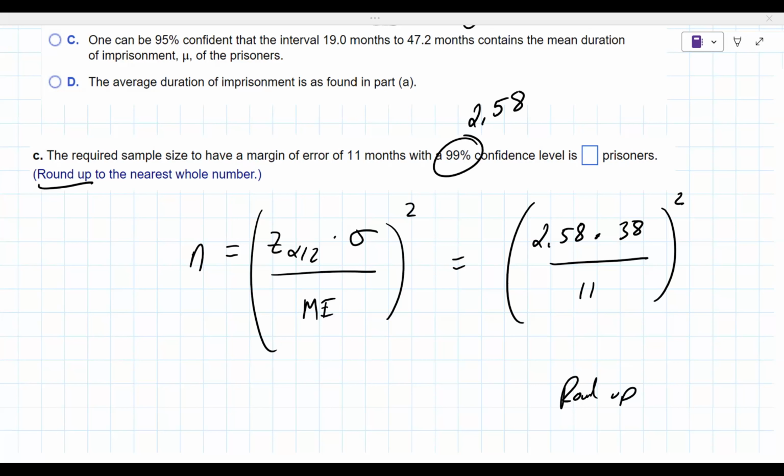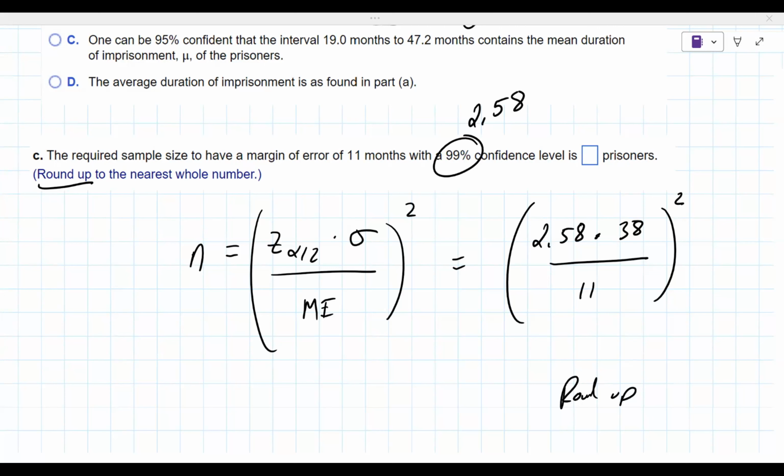I got 79.4, I think. So what should we do with that answer? Round up. So what does that round up to? 80. Yeah, it's always a whole number. Good.